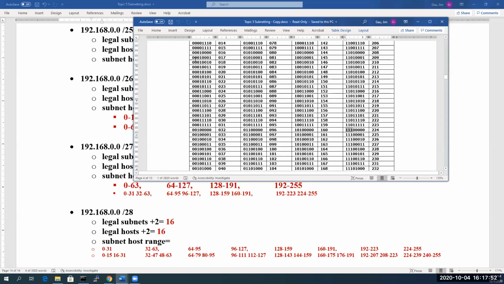So for the 3 bits of network that we created, the 000 network goes all the way to 31. So it's 0 to 31, okay? And then from 32 to 63, and so on and so forth. So 1, 2, 3, 4, 5, 6, 7, 8, just like we have explained.